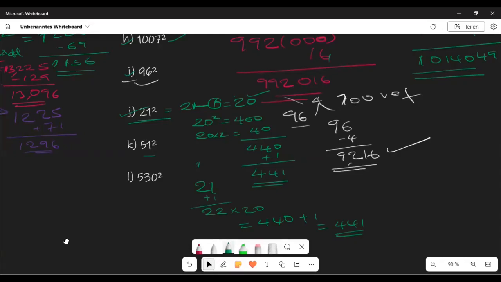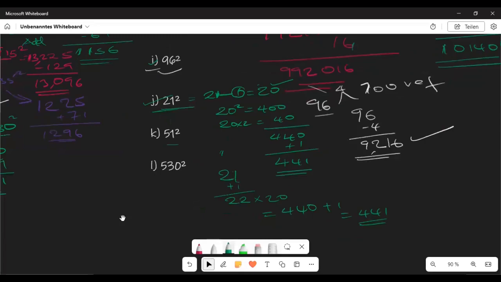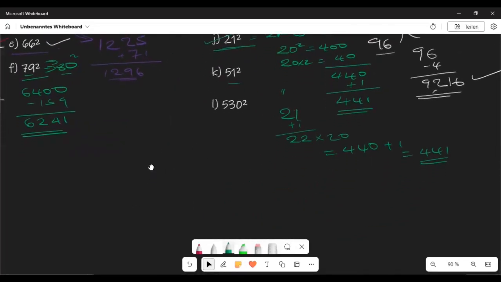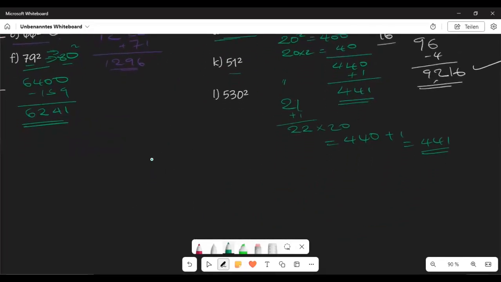Now I want us to take the last 2, K and L, and I will show you how it functions. So this one we are looking at is squaring numbers that begin with 5.